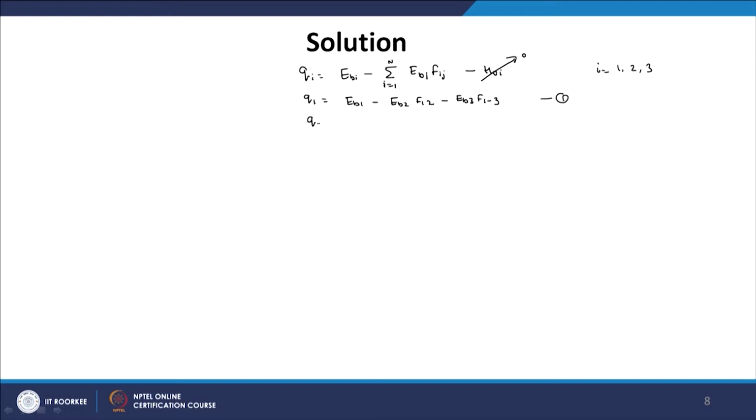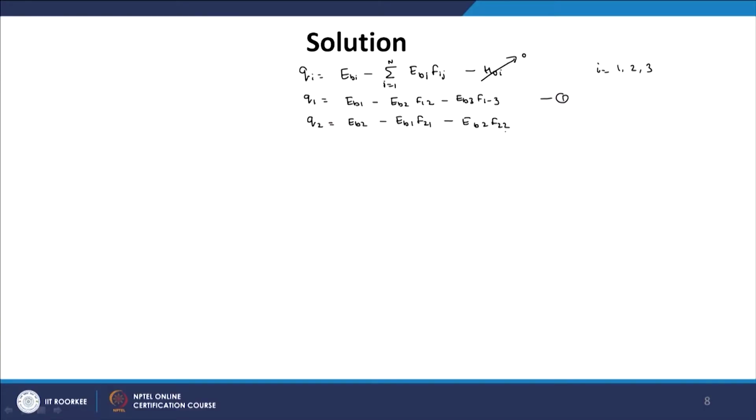Now, Q2 is equal to Eb2 minus Eb1 F21 minus Eb2 F22. Please note there is a term for F22 here, because the cylindrical surface, whatever it emits, although some part of it will be received by the bottom and top surface, some part of the emission from the cylindrical surface will fall onto itself.